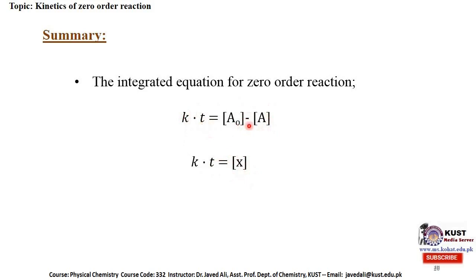Furthermore, if we know the initial concentration of reactant and the reactant concentration at any time, we can determine the rate constant. So these two are very important equations. With the help of these equations, we can determine the reactant concentration at any time. We can also calculate the time required for a particular product or reactant concentration.